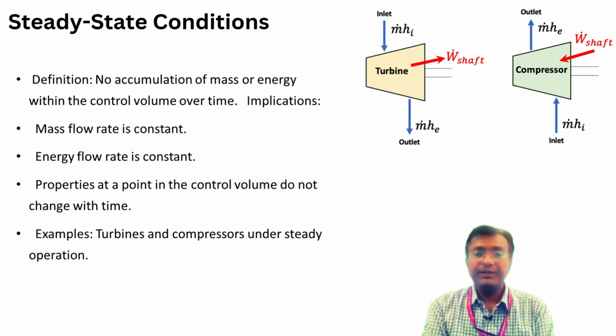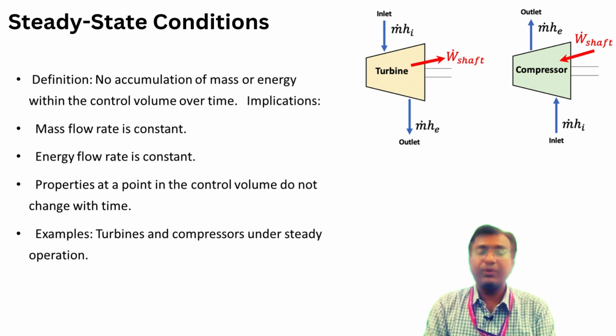Third is time invariant properties. What are the time invariant properties? They are temperature, pressure, and velocity. Therefore, the temperature, pressure, and velocity at any point should not change with respect to time.